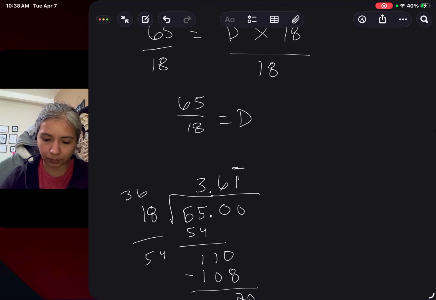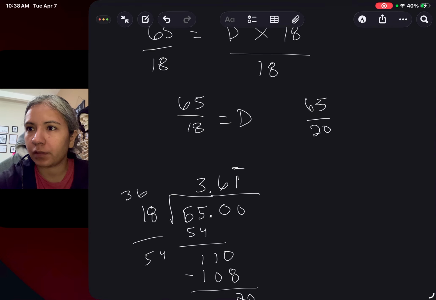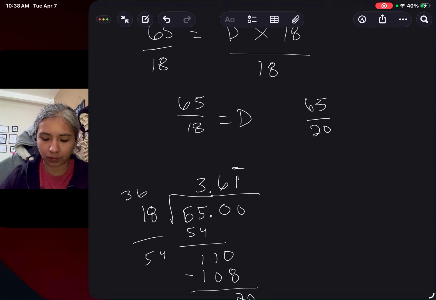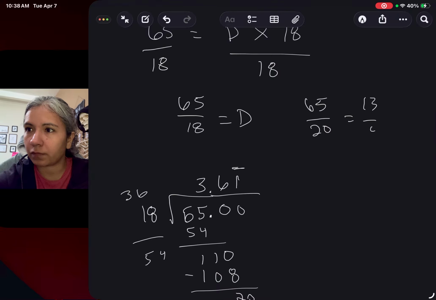If we had 65 over 20, I'm mixing my numbers, we can reduce by 5, so 65 over 20 would reduce to 13 over 4.